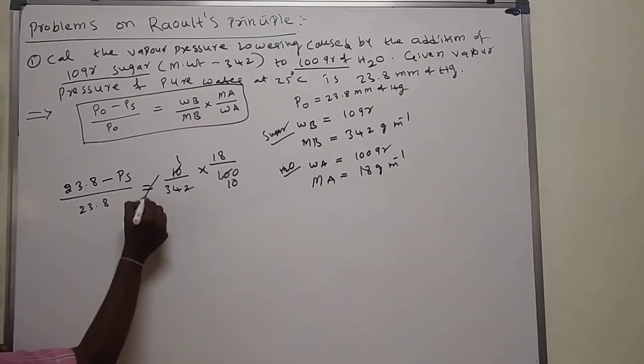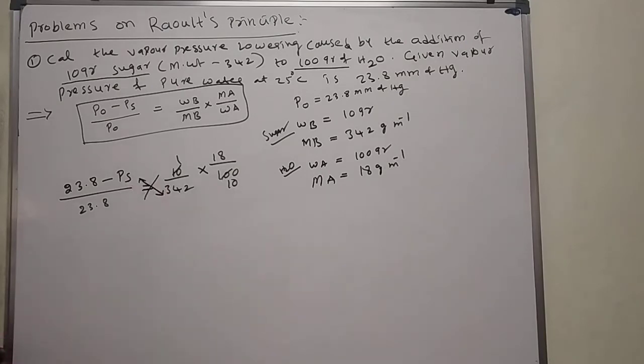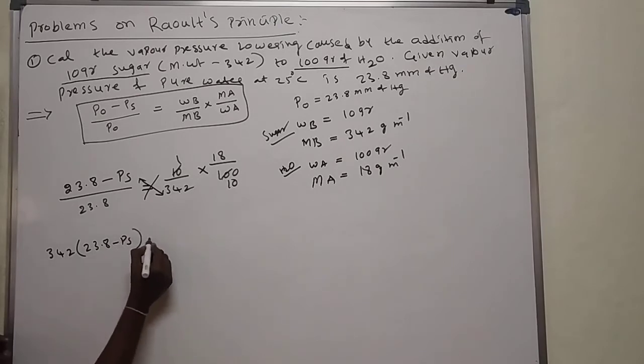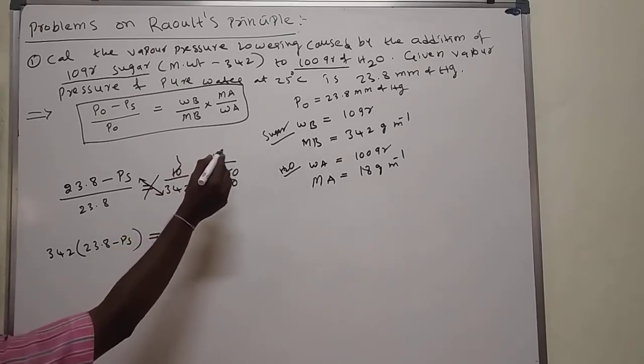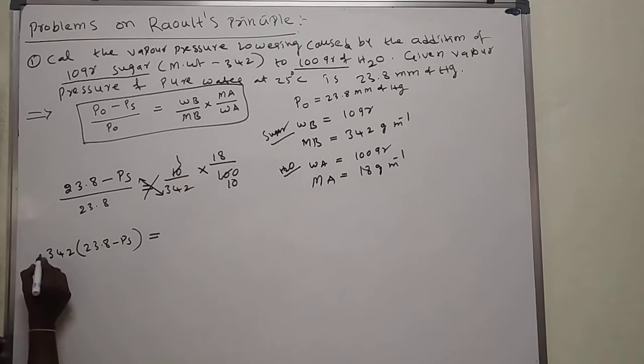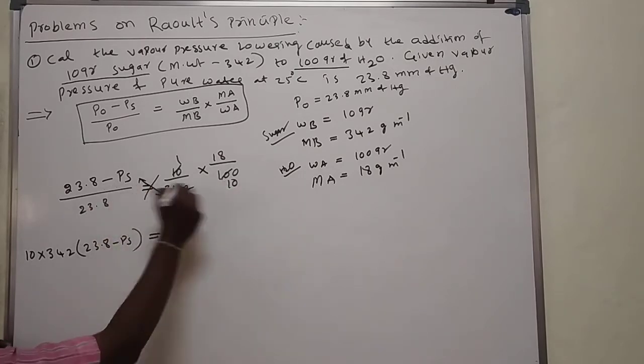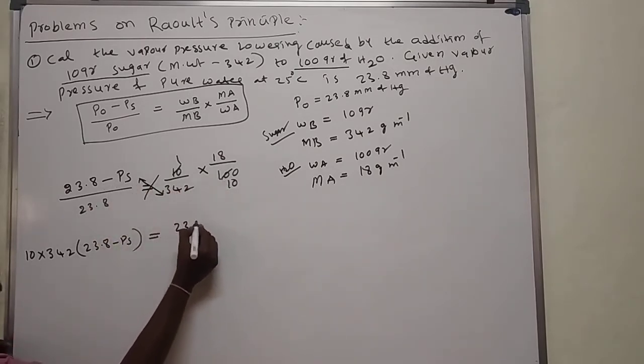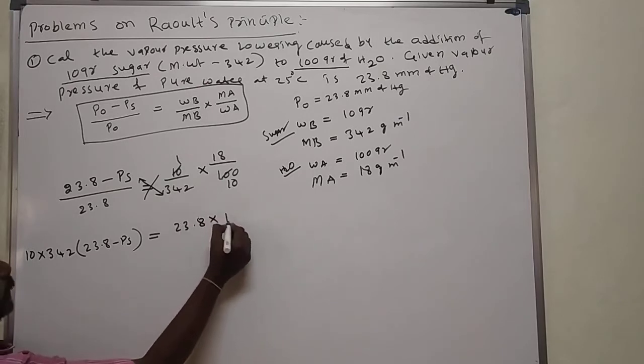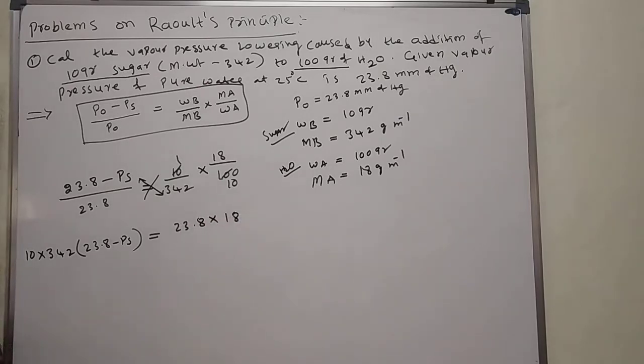Just take the cross multiplication. 342 into (23.8 minus Ps) is equal to 23.8 into 18 into 10.